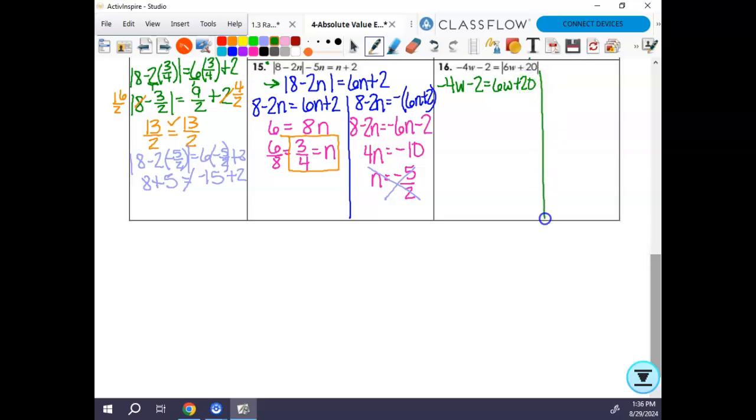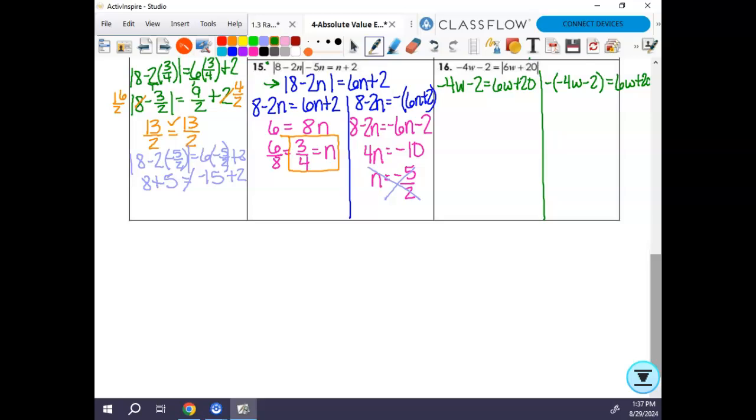And then the other one, I need the negative version of the left. Negative 4w minus 2 equals 6w plus 20. When you're setting it up, if you want to just go ahead and change the signs on both, that's fine. Just make sure you're not skipping too many steps and get yourself confused, okay?